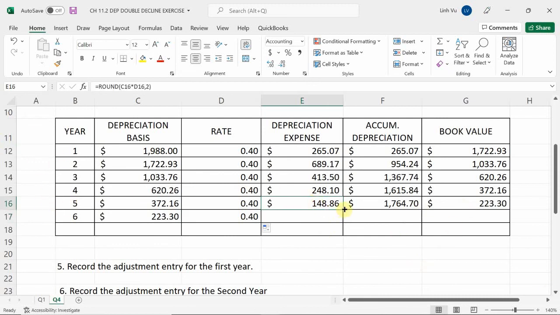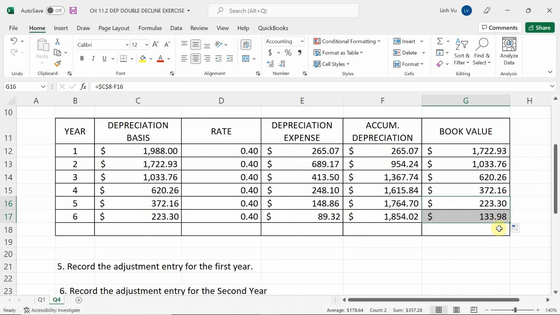Okay, which will give me an accumulated depreciation of 1854.02. Okay, which will give me a book value of 133.98. Can I have this as my book value?